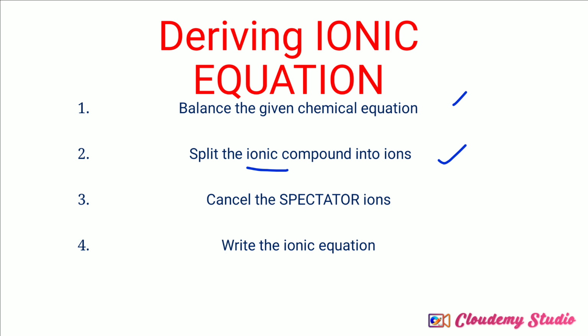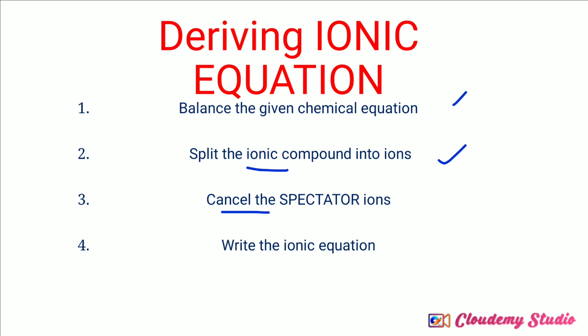So the third step, first of all, we need to identify the spectator ions. Spectator ions means the ions which are not involved in the reaction. They are just spectating the reaction. After the identification of the spectator ions, they have to be cancelled.